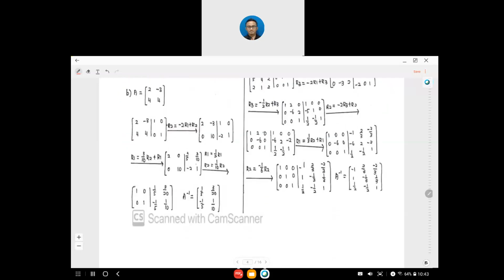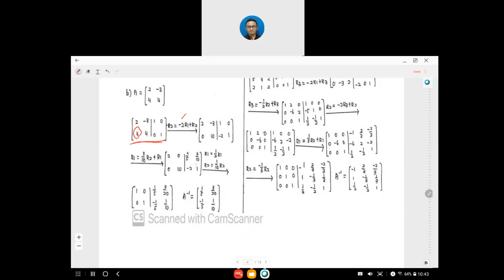Okay. Question B, also the same thing. You want to find the matrix, write it in the augmented matrix. Okay, you want to change this one to a 0. So how to change this one to a 0? You times by negative 2.